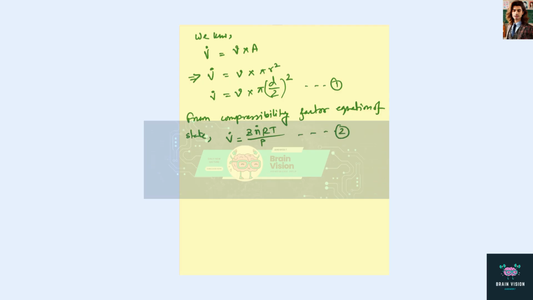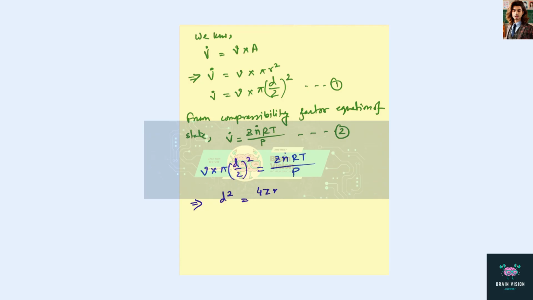Now we can compare equation 1 and 2, and we can solve this equation for the diameter.